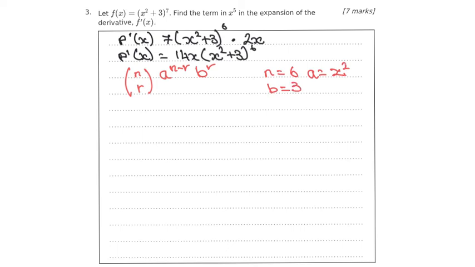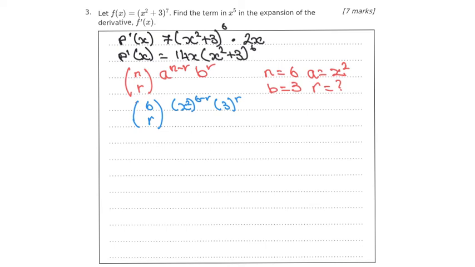We don't know what r is, but we will have to find it by comparing powers. Substitute all unknown values into the equation to get 6 choose r, (x squared) to the power of 6 minus r, 3 to the power of r.